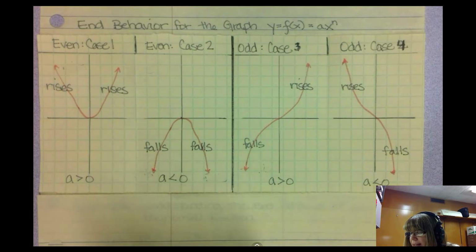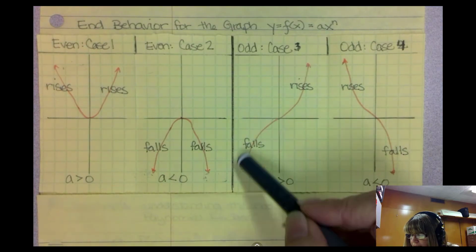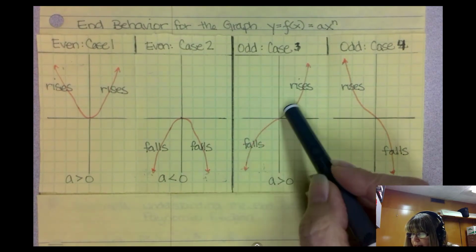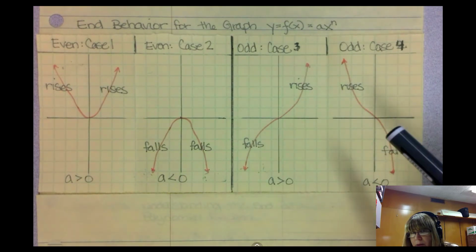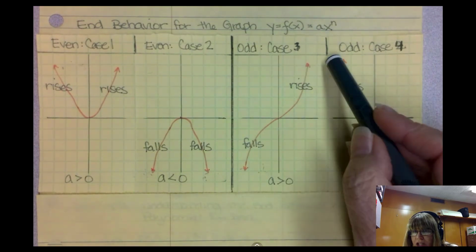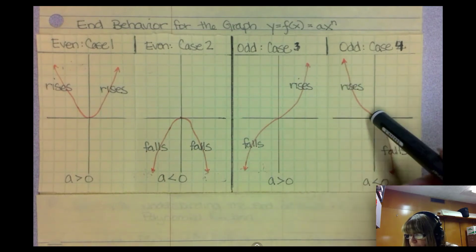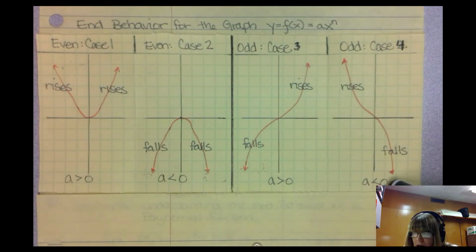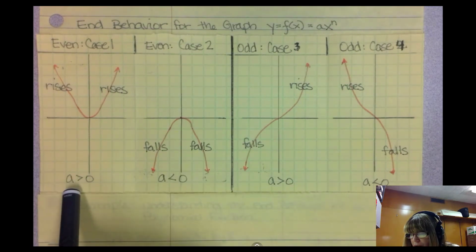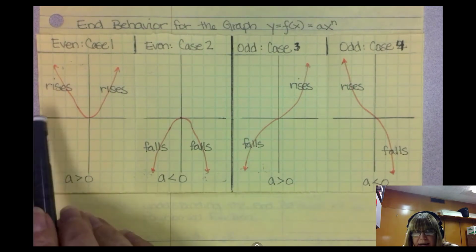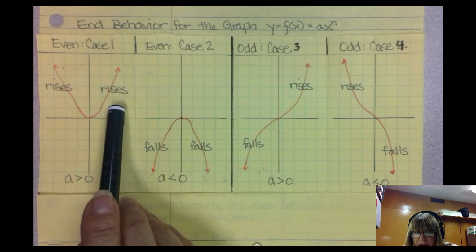In the event that we have an odd function, we also have two versions. One, on the left, it falls to negative infinity, but on the right, it rises to positive infinity. And then the other case is it rises to positive infinity on the left, but falls to negative infinity on the right. So when a is greater than 0, for an even function, it rises to positive infinity on both sides.